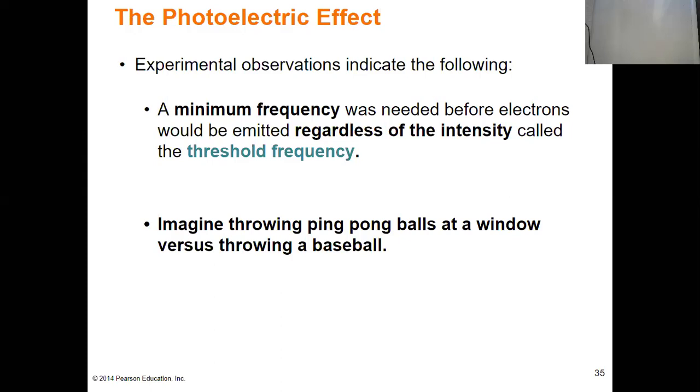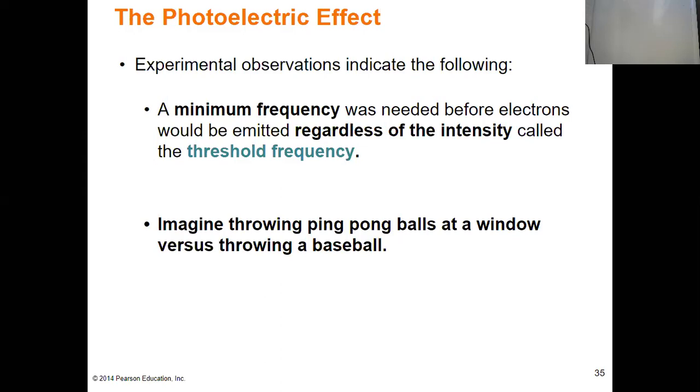With that same kind of analogy, you can imagine that high energy light is a baseball. Now, if you throw a baseball at the window, you're going to break the window. So there you go, you've ejected your electron.